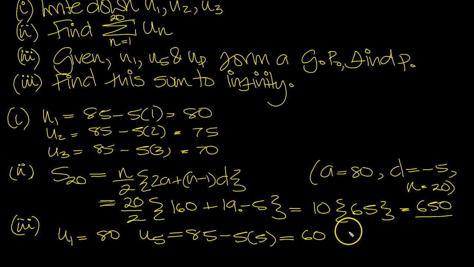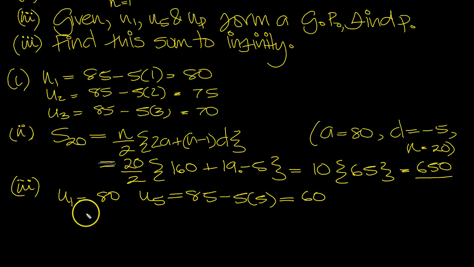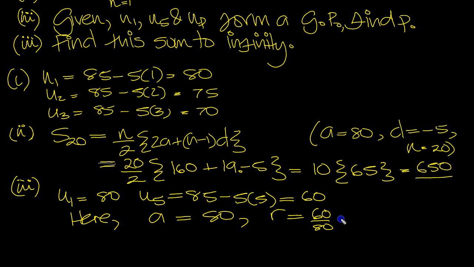So we can see here that the first term of the GP, a, is equal to 80. The common ratio would be, what do you times 80 by to get to 60? Well, you times it by 60 over 80, which is 3/4. So there's our common ratio.